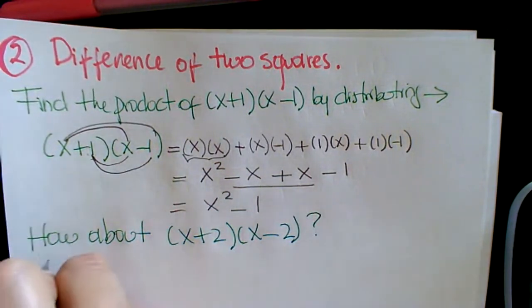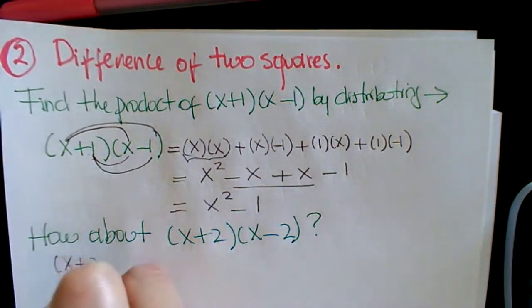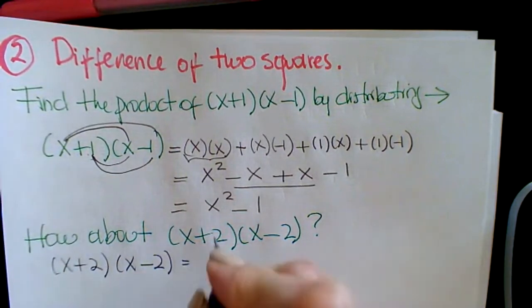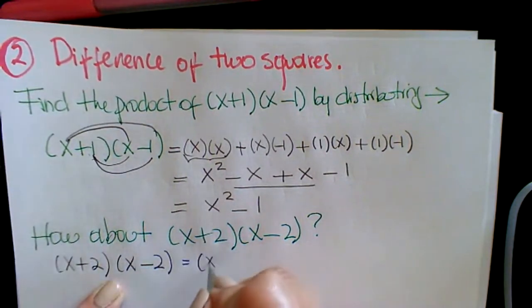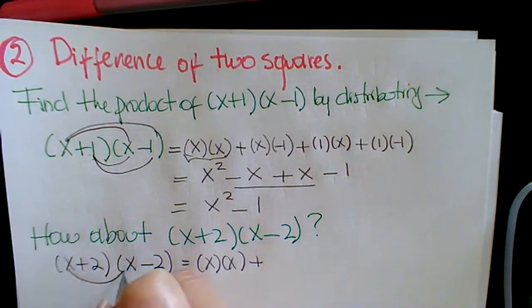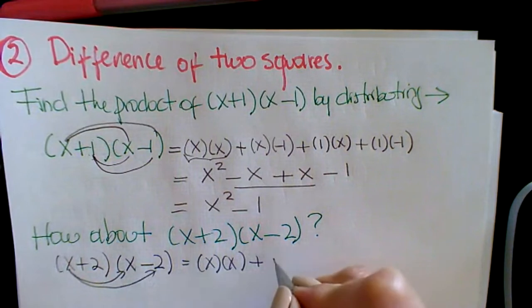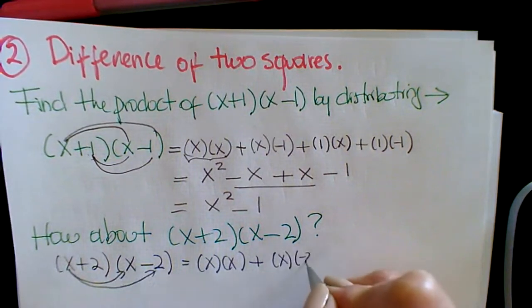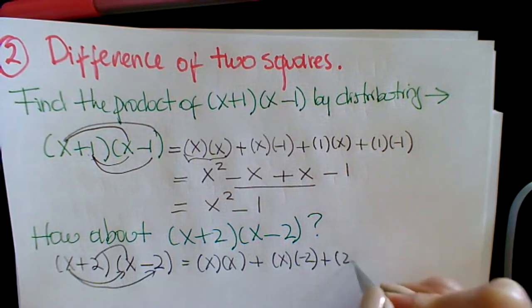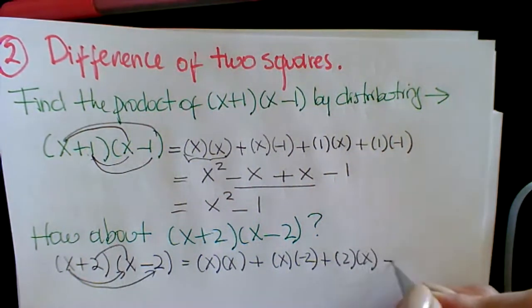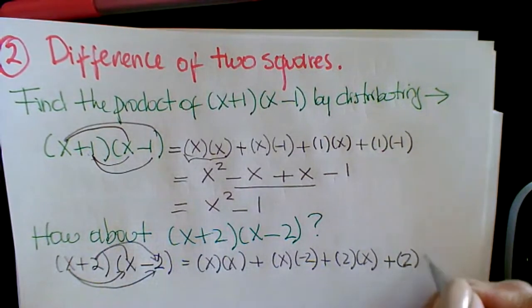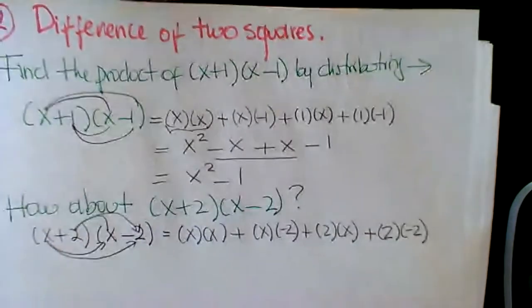So let's do it. x plus 2 and x minus 2. x times x, we have this one times this one. x times negative 2 plus 2 times x plus 2 times negative 2.